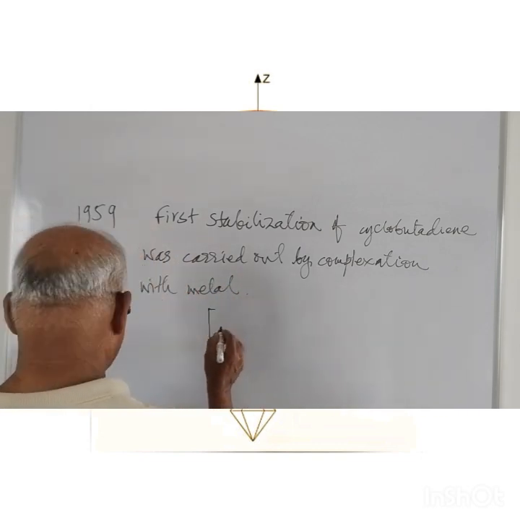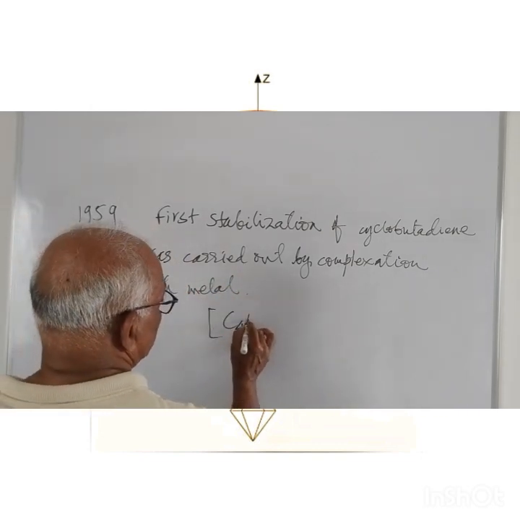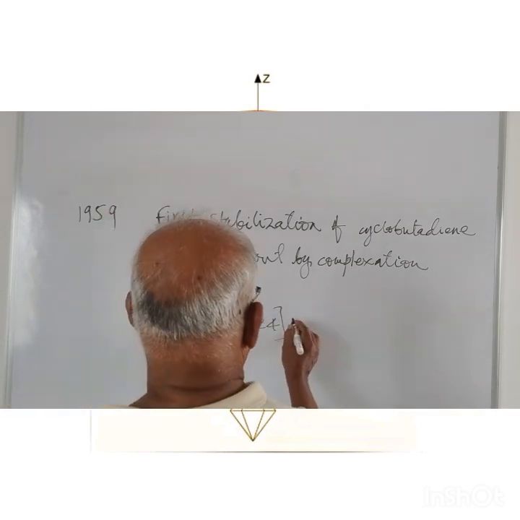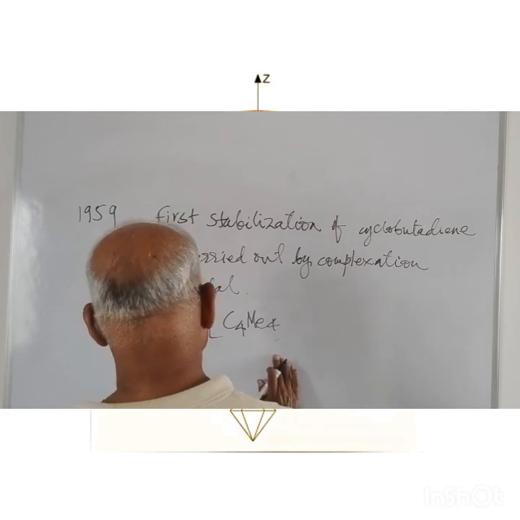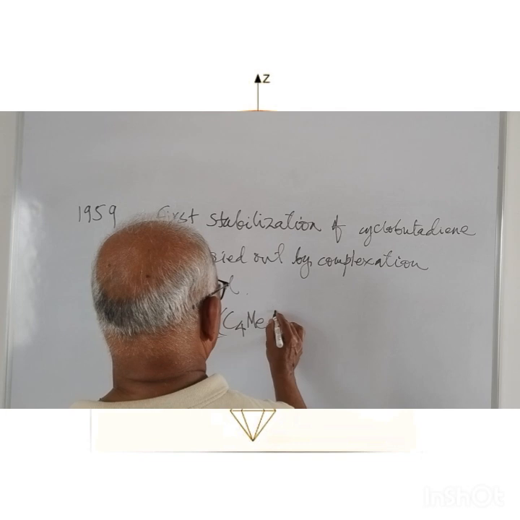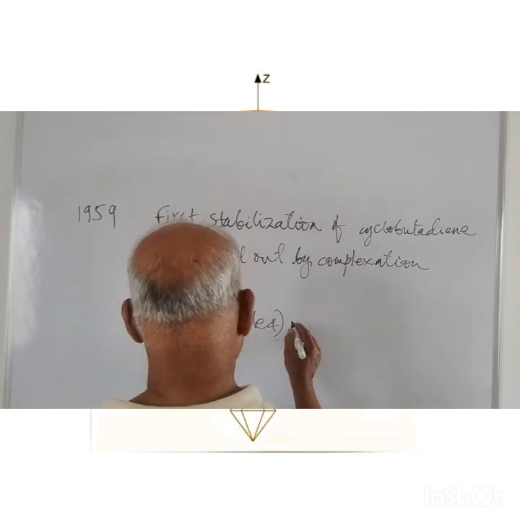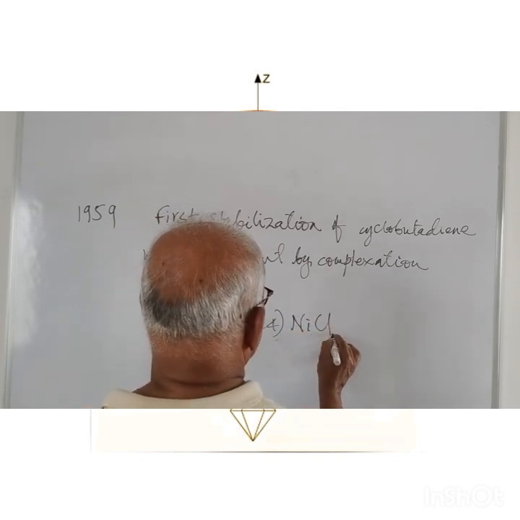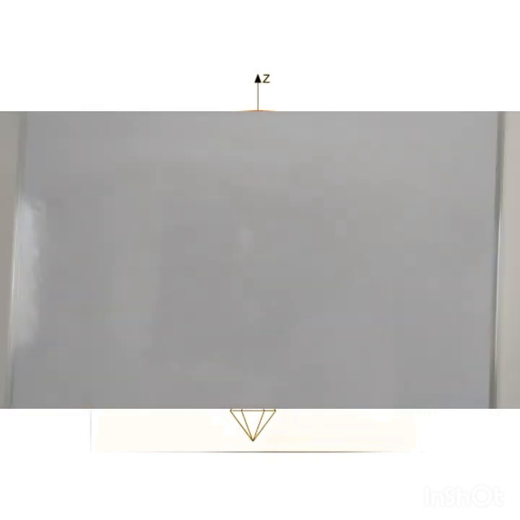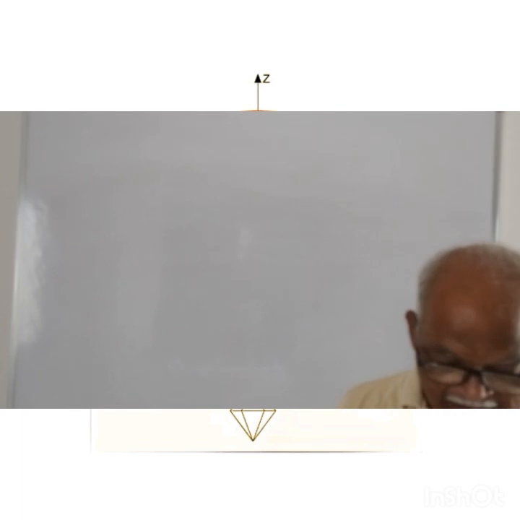This is the structure, for example, C4Me4NiCl2, twice.